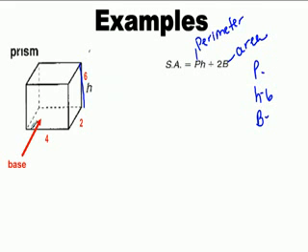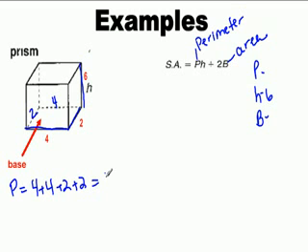To find the perimeter of the base, if we know that this side is 4, we know that this side is 4. If this side is 2, then this side is 2. So to find the perimeter, it would be 4 plus 4 plus 2 plus 2. That would be 12. So our P is 12.